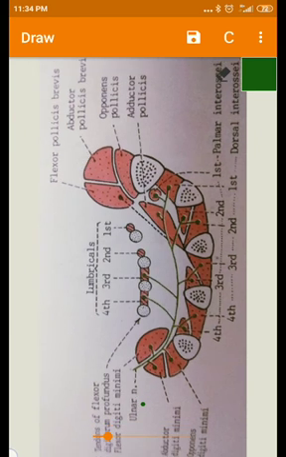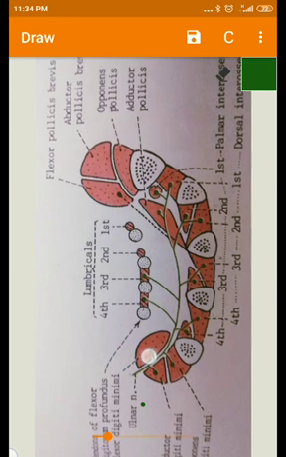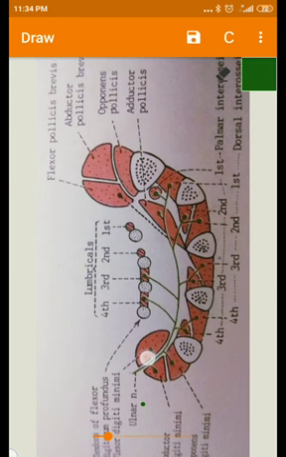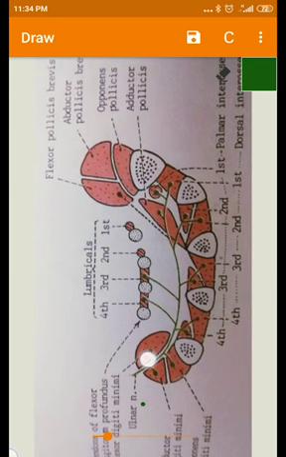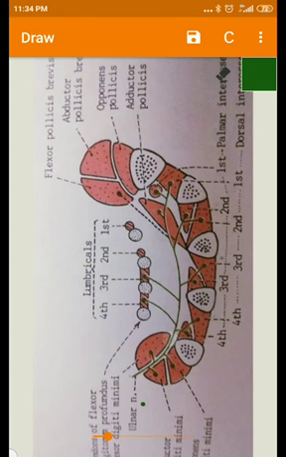Again, we will see that the deep terminal branch accompanies the deep branch of the ulnar artery. It passes backwards between the flexor digiti minimi and abductor digiti minimi, and then it passes between the opponens digiti minimi and the fifth metacarpal bone.